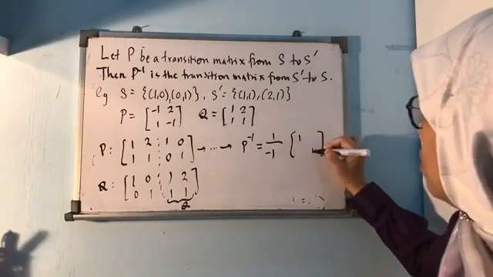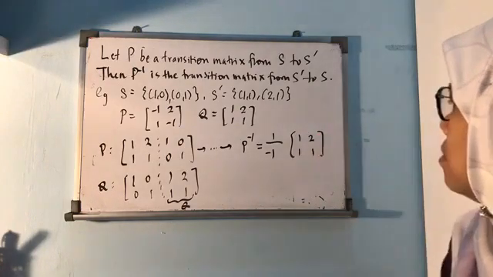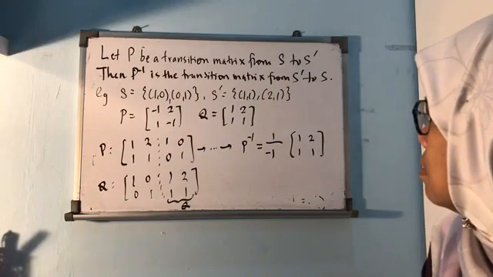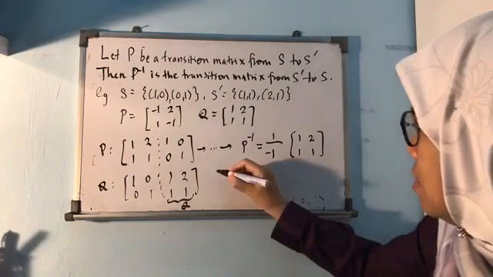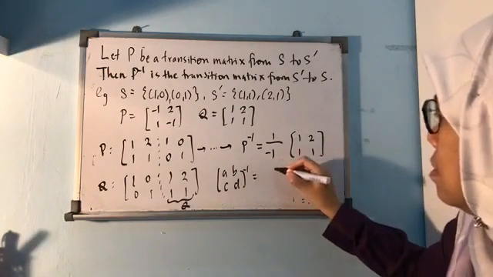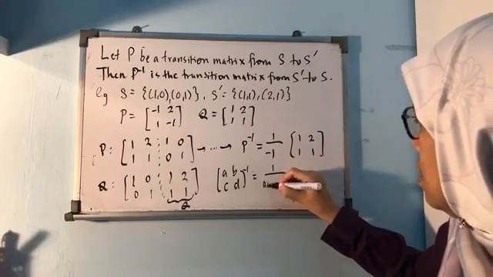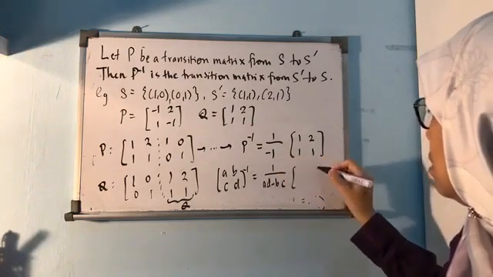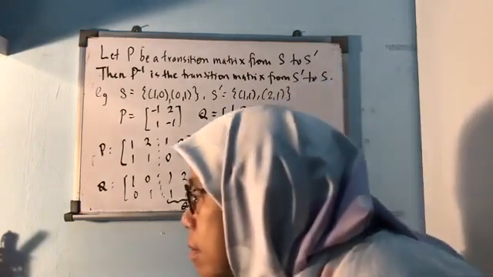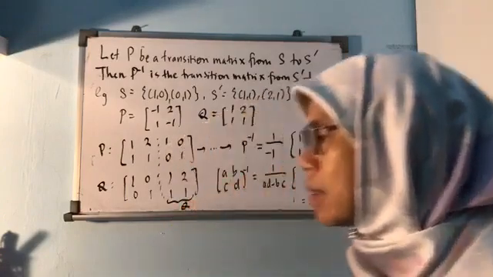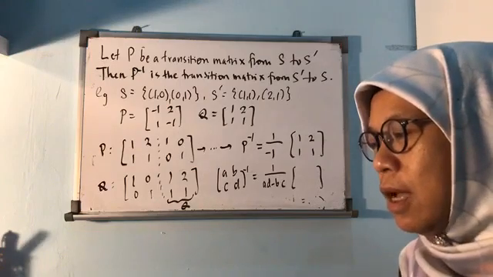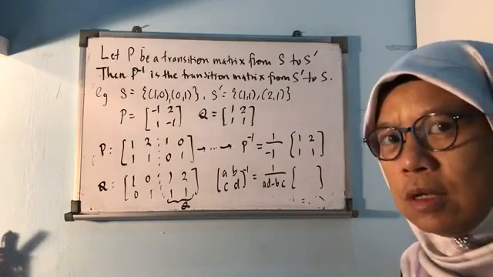This one we put 1 1 and then we change, right? The inverse of ABCD is 1 over AD minus BC. For this section, it has to be row reduced, not only row echelon.